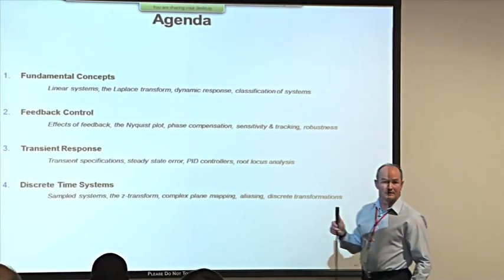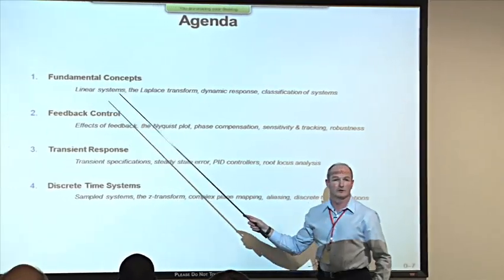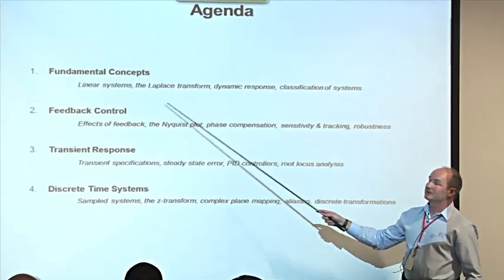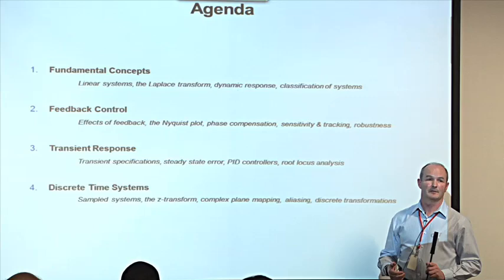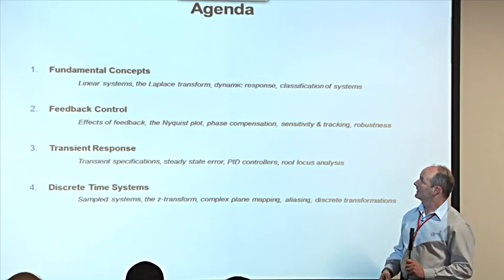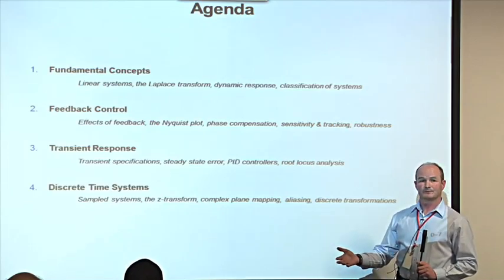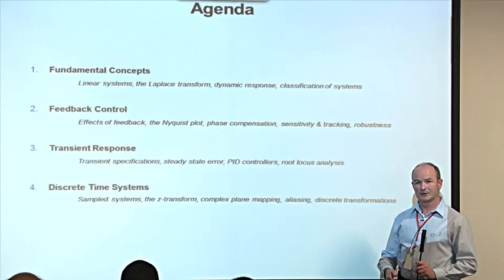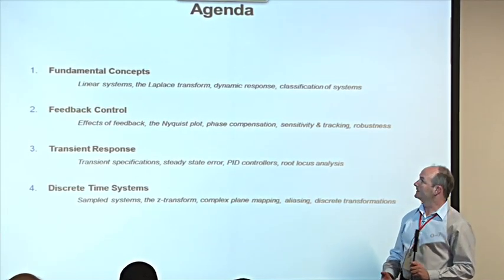I'm going to begin by explaining the concept of linearity, which is fundamental to everything that follows. And having done that, I'm going to explain the use of the Laplace transform and the transfer function in describing and manipulating linear systems. I'll do this in 2 ways. First of all, I'll look at their transient response, and then I'll briefly look at their frequency response, because that's something that people are generally a little bit more familiar with.